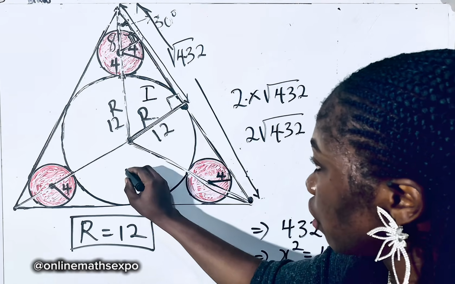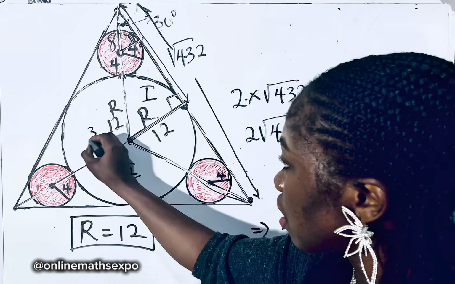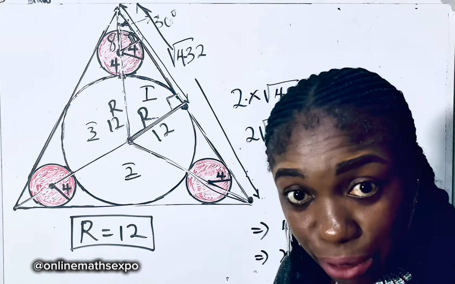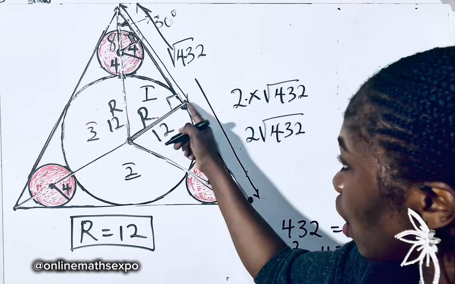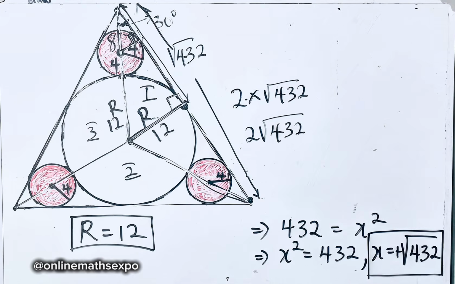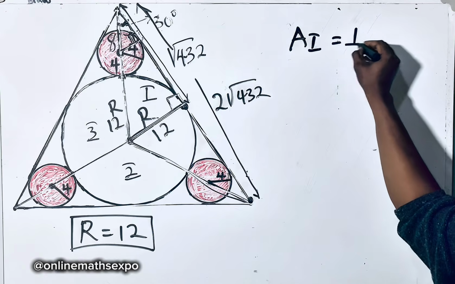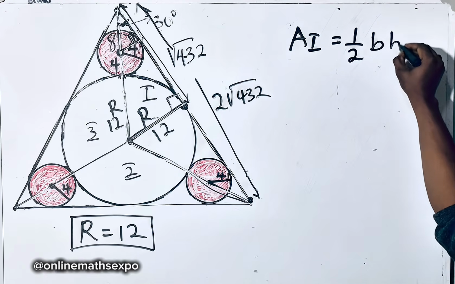This is triangle 1, this is 2, and this is 3. So if this is the height of this triangle, you can easily find the area. To get the area of this triangle 1, we now have area of triangle 1 is given as half base times height.